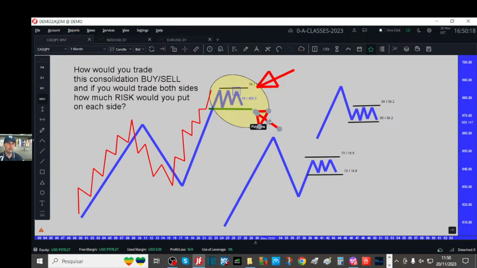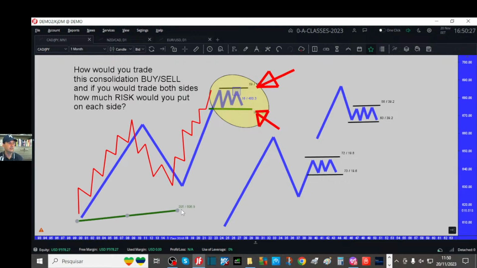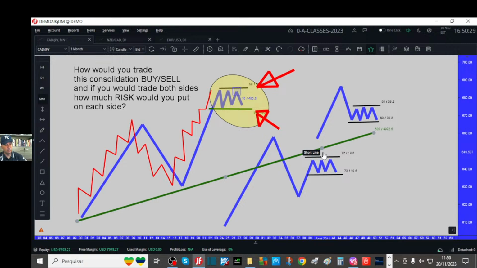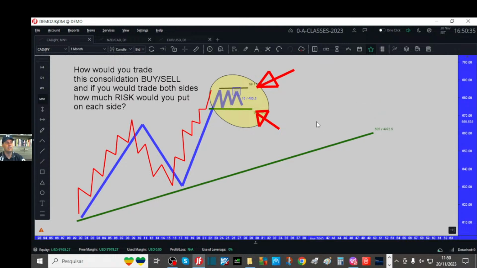Why would you put more risk on the short side? Why would you just sell and not buy when you are seeing what? Are you seeing a downtrend?